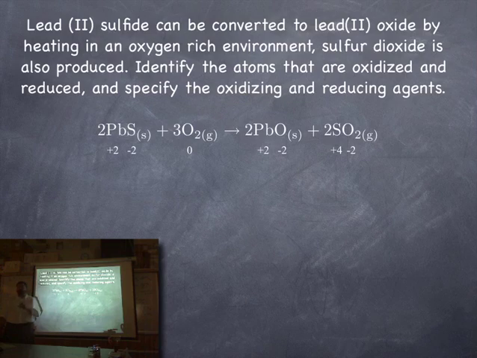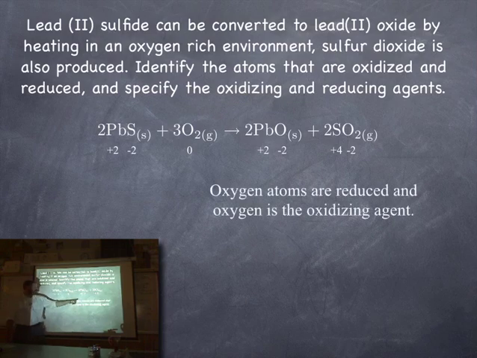What is oxidation? Oxidation involves loss of electrons. Oil, oxidation involves loss. Did oxygen lose electrons to get -2? No. It gained.